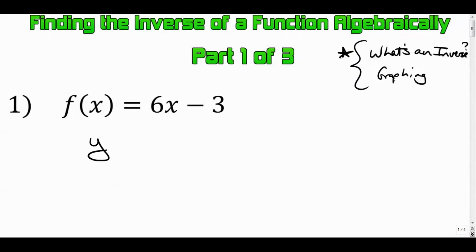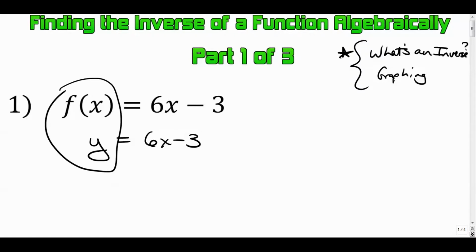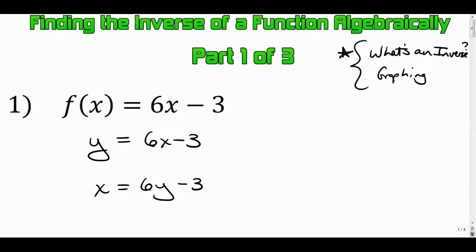Here's the process. To find the inverse of f of x, I'm going to just replace f of x with y. And then I'm going to switch x and y. That has a very obvious connection to what we talked about in the previous two videos.